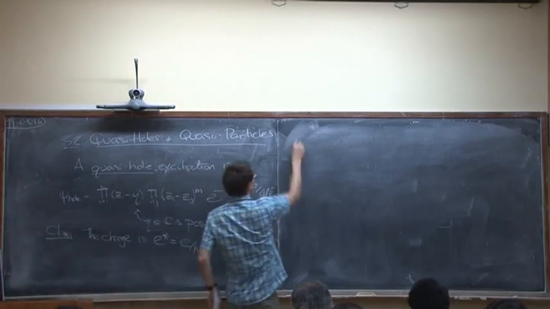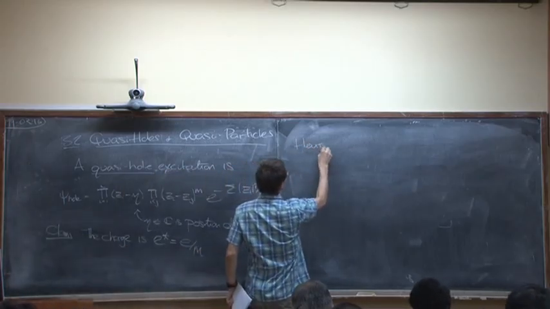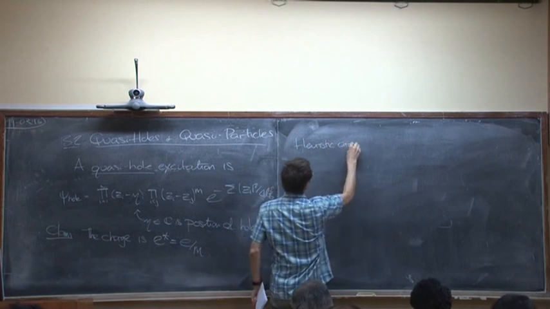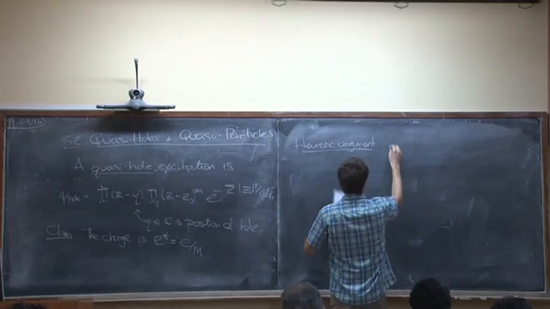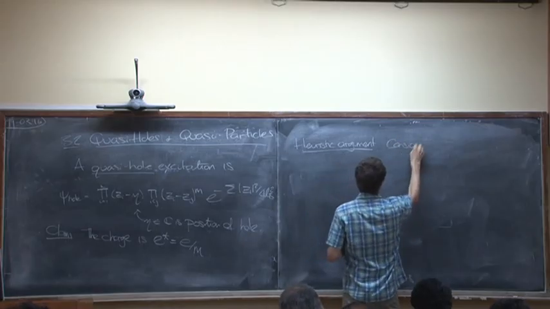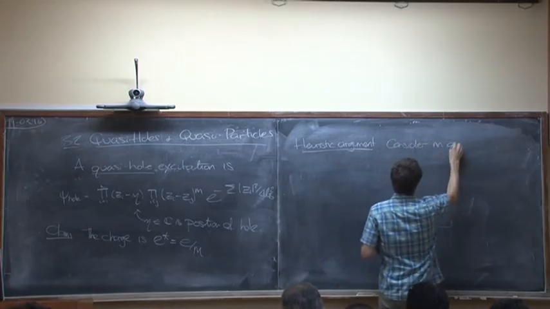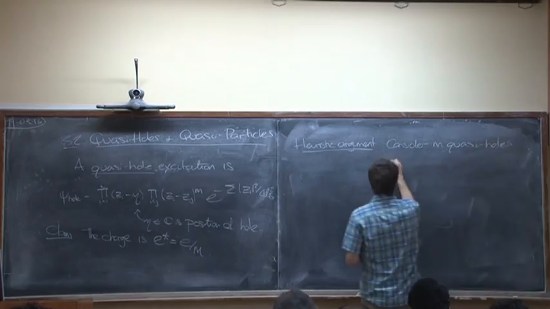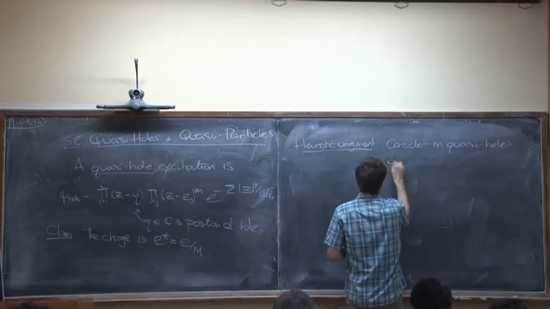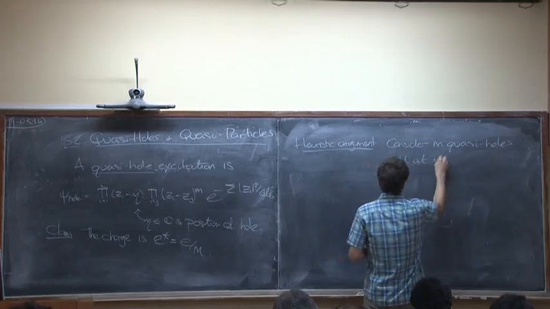Sure. So heuristic argument. And the argument is just consider m quasi-holes in the same location. So all at position eta.